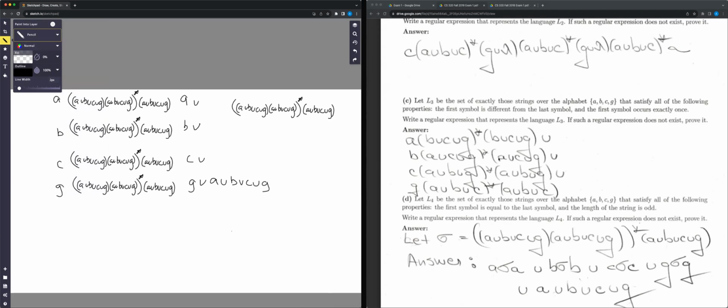I understand the first part, what's to the left of that. The reason is the star. This star means it could be 0. This star applies to this, which means this can repeat any number of times, including 0.